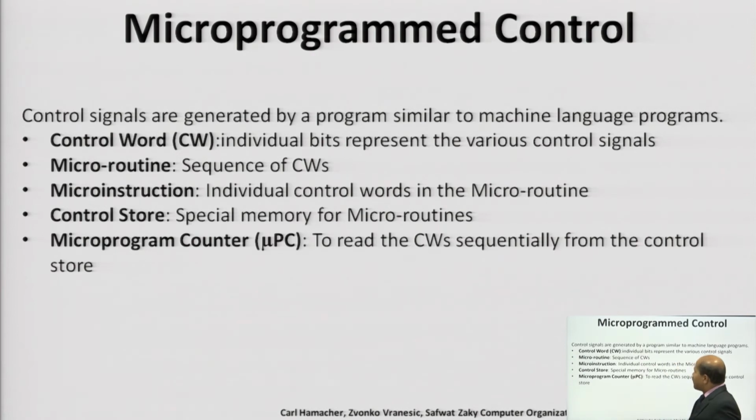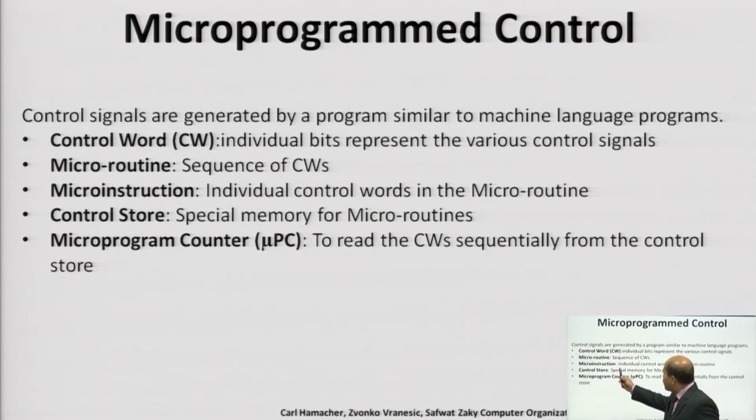So, let us talk about a few abbreviations which are used in microprogrammed control. First is the control word, represented as CW. A control word is nothing but individual bits that represent the various control signals. A microroutine is a sequence of control words, or a set of control words given in a microroutine.